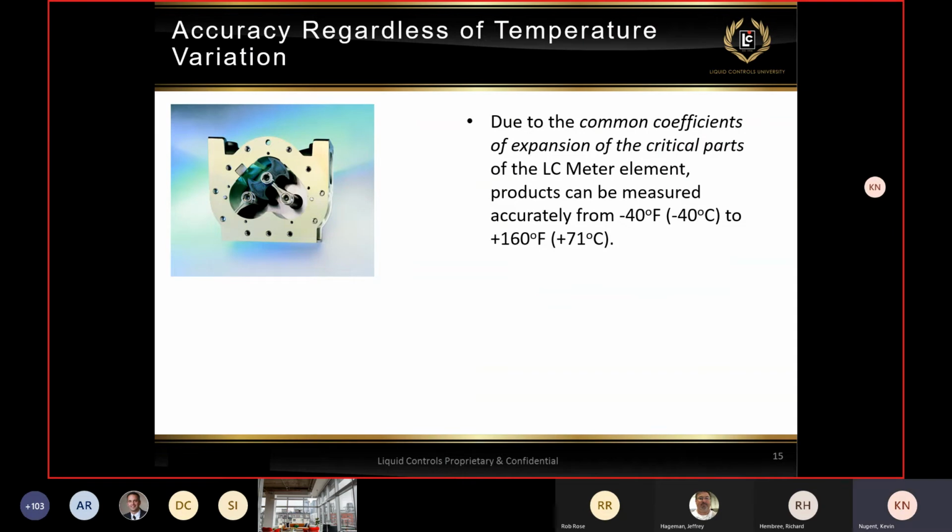A lot of the parts in that measuring element are made of similar materials, which have similar coefficients of expansion. That allows us to measure products accurately over a wide temperature range. There is one caution though: if we see an increase in temperature, we want to introduce that into the meter very, very slowly. It does not like a 20 to 30 or 40 degree rapid or instantaneous temperature change.